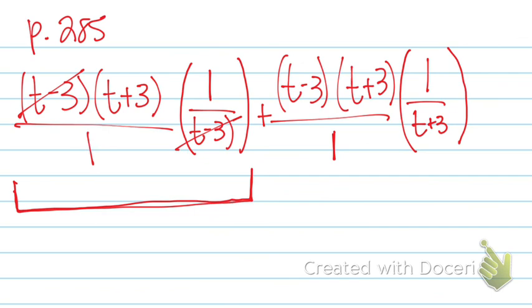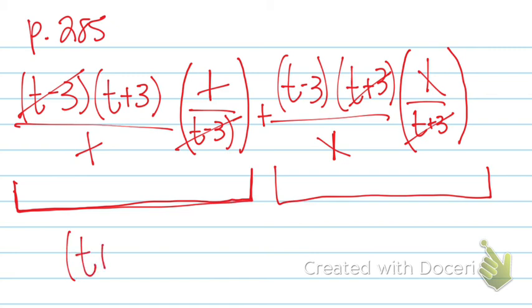We just crossed them out. What do I cross out on the right side? T plus 3, T plus 3. And I can also cross out those ones. So now, what am I left with? T plus 3 plus T plus 3, minus T plus 3.